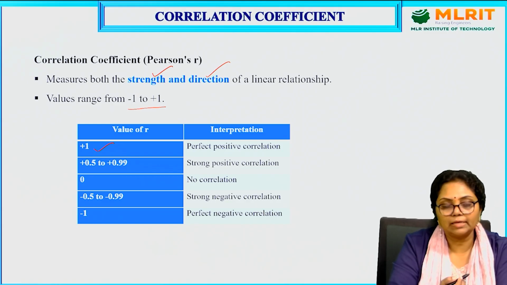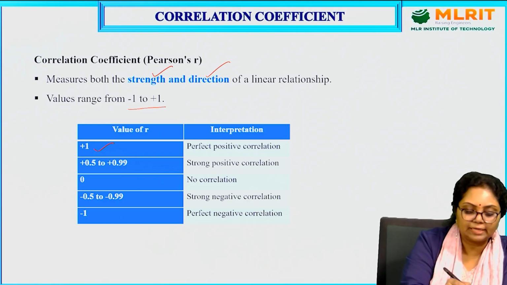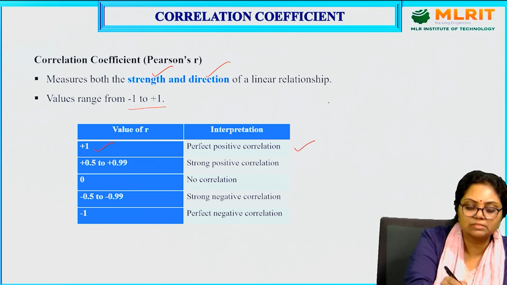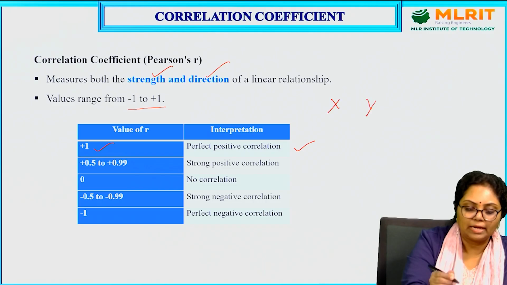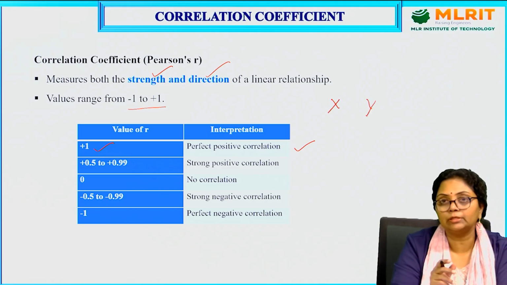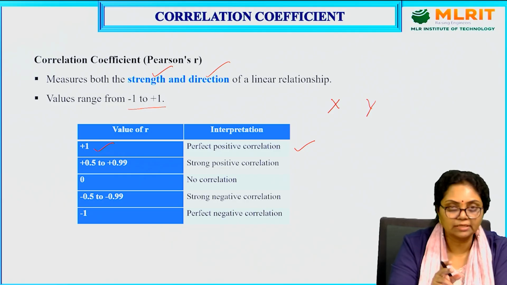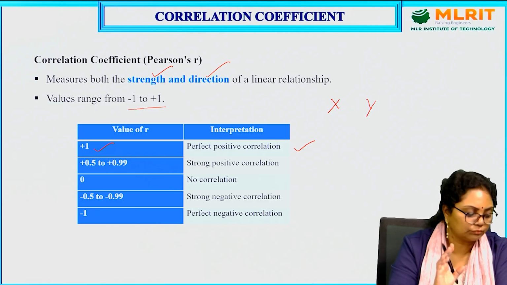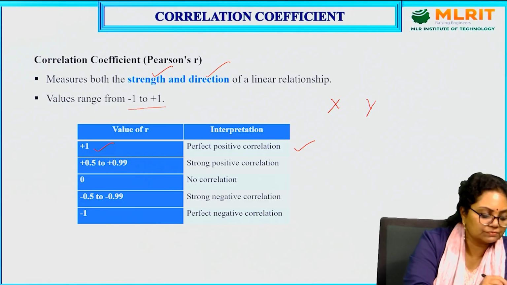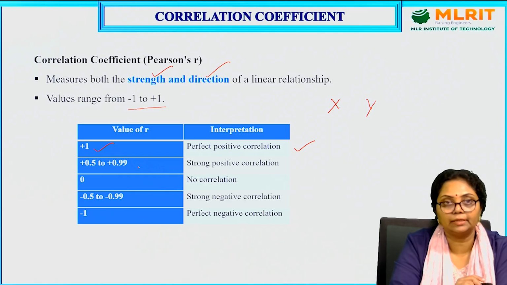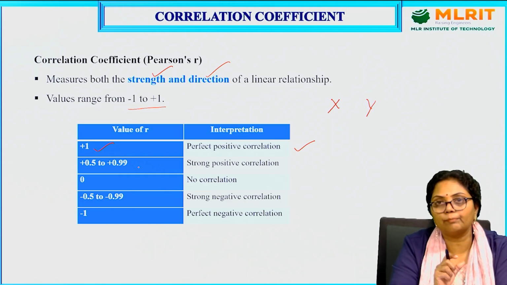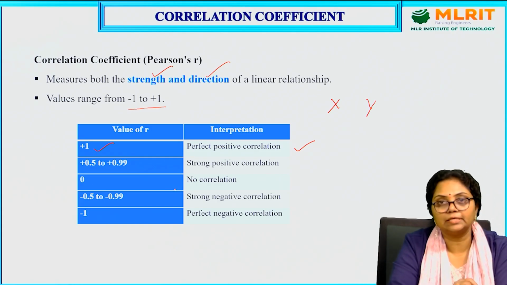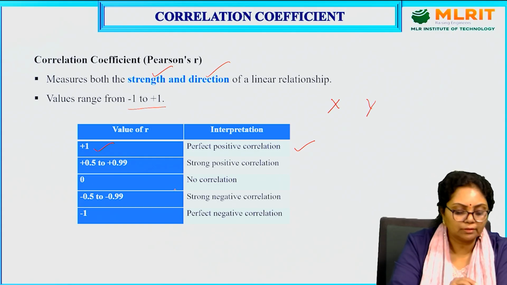So if the value of r is +1, it indicates it is perfectly correlated. That means suppose there are two variables x and y, and the correlation coefficient between the two variables is +1, it indicates that there is a perfect positive correlation between the two variables. Now if it is from 0.5 to 0.99, we say that there is a strong positive correlation. If it is 0, then it is an indication that there is no correlation between the two variables.